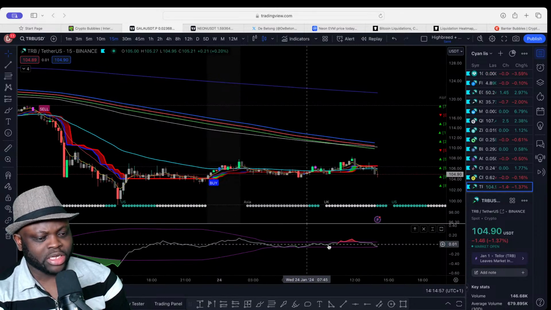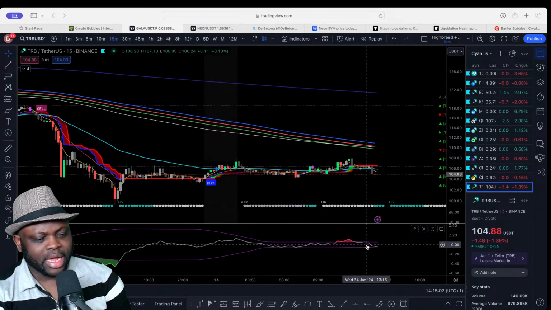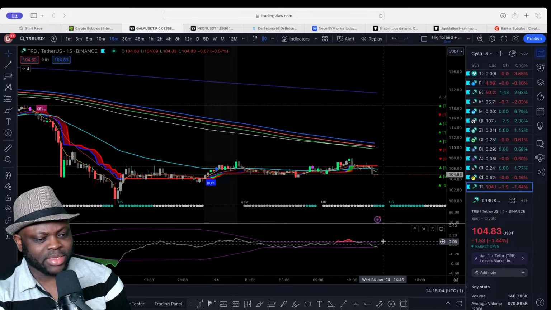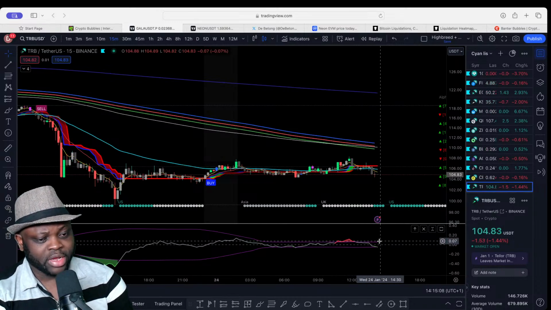And you can see the Bollinger Band here on the Trendillo is squeezing, and when you see it squeeze like that, it means that price is preparing to take a turn or to make a move in the market.